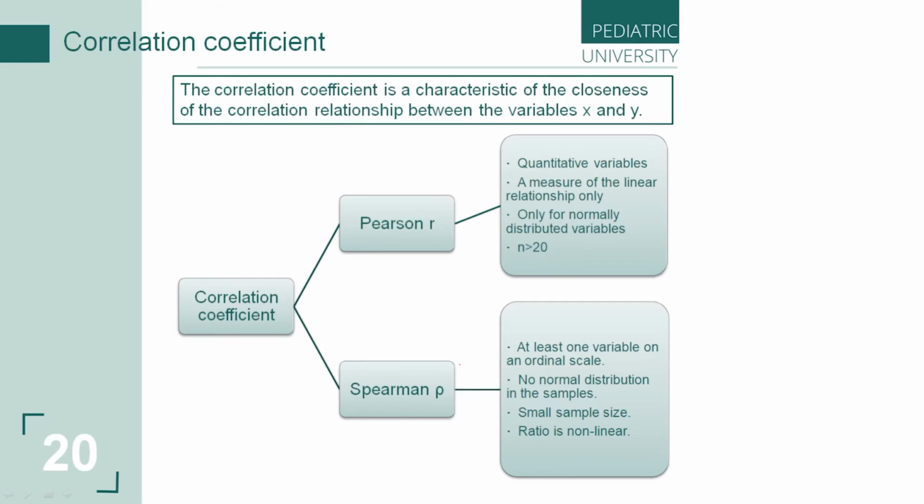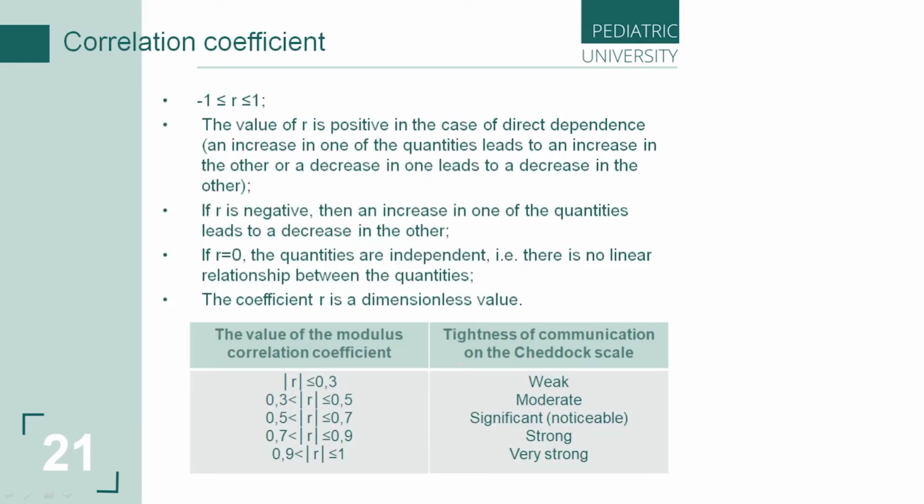We look at the closeness of the relationship using the Chaddock scale, depending on the modulus, the absolute value, of the correlation coefficient. In general, the correlation coefficient lies in the range of -1 to +1.